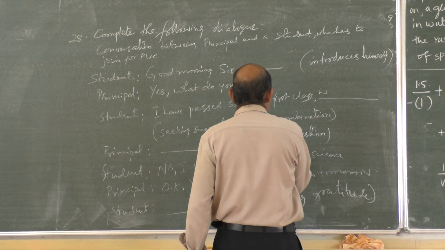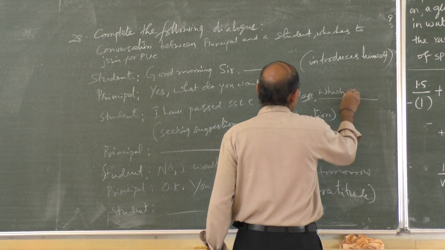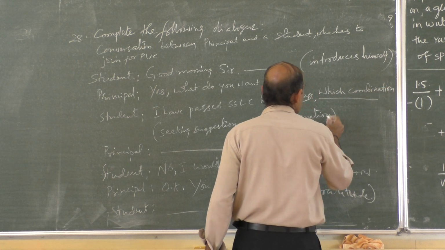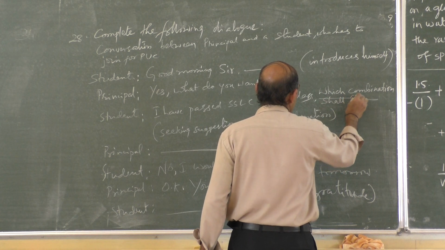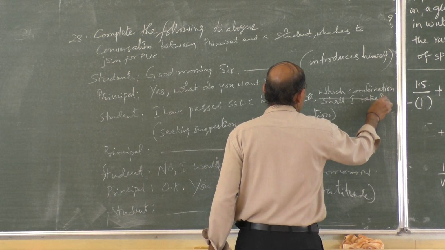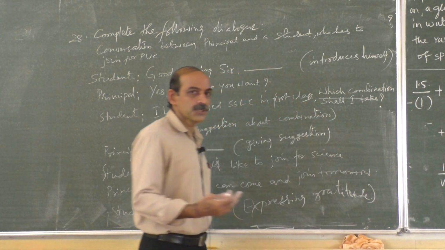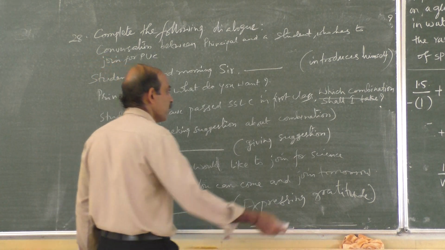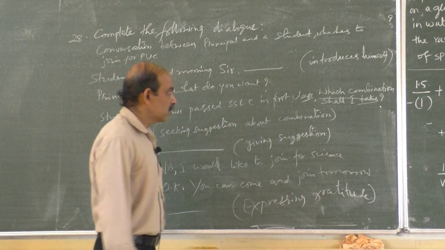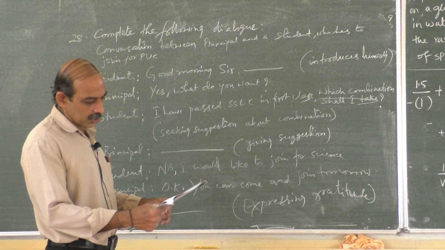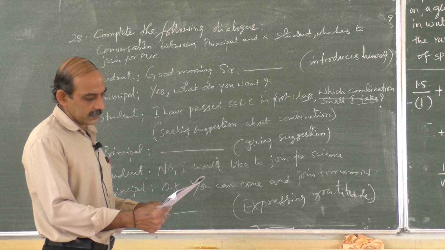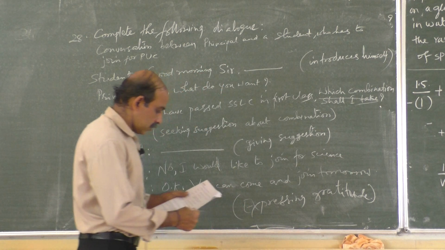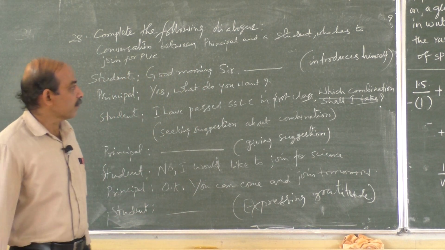The very simple method I am suggesting is: which combination shall I take, or which combination shall I choose, or which combination shall I opt. As I said just now, there is a question mark that they have given there.